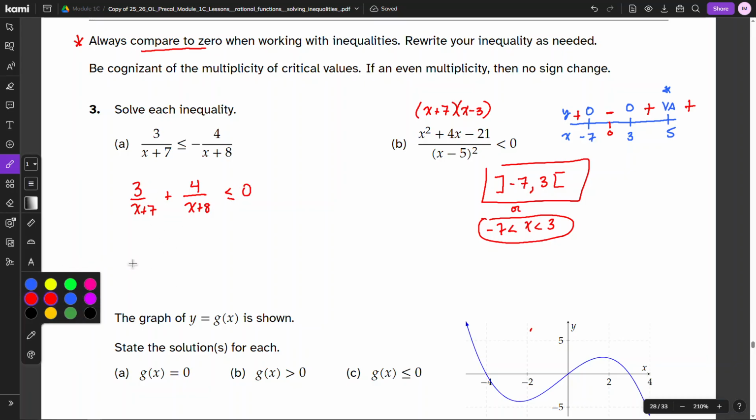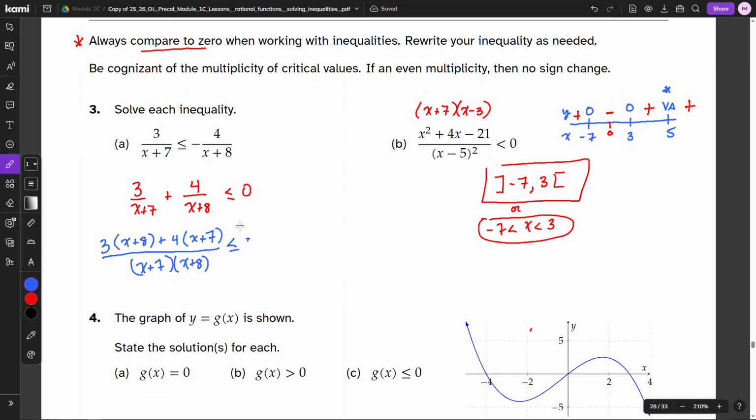If I get a common denominator, that's going to be 3 times x plus 8 plus 4 times x plus 7, all over x plus 7 times x plus 8. And that needs to be less than or equal to 0.